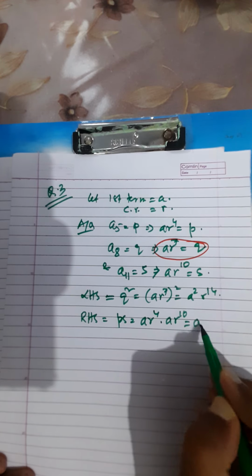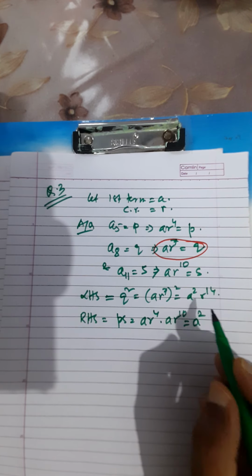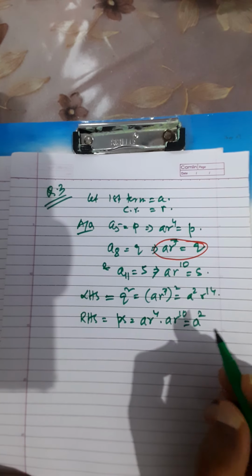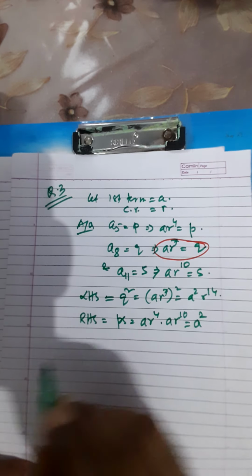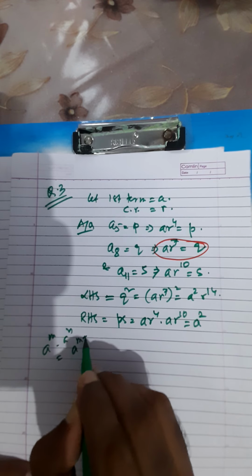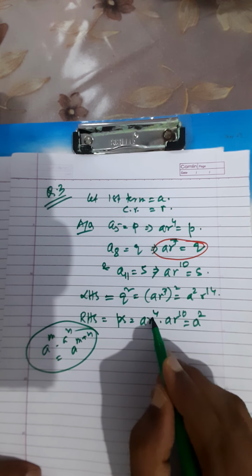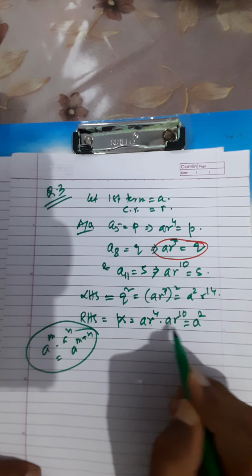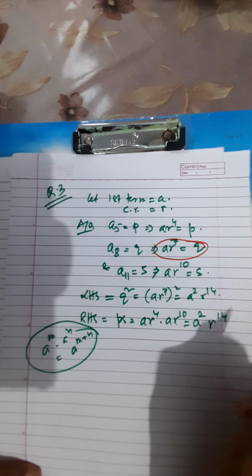A into A is A square, r to the power 4 into r to the power 10. Law of indices: a to the power m into a to the power n is a to the power m plus n. This law we have to apply. So the bases are the same, r, and we have to add the powers. So r to the power 14.